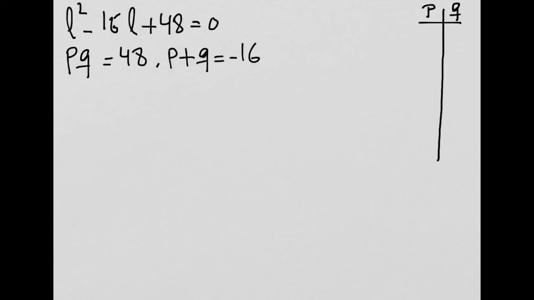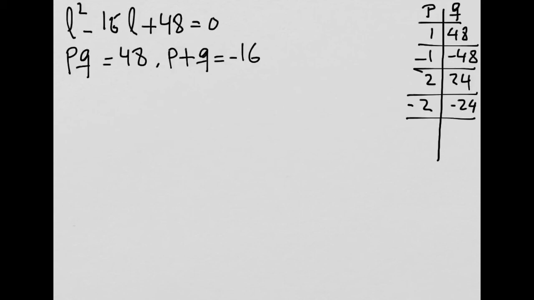So the factors of 48 are 1 and 48, doesn't work. Minus 1 and minus 48 doesn't work. 2 and 24 doesn't work. Minus 2 and minus 24 doesn't work. Do not add up to negative 16. 3 and 16 doesn't work.